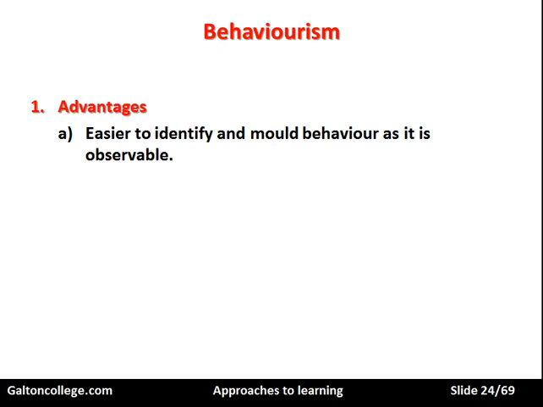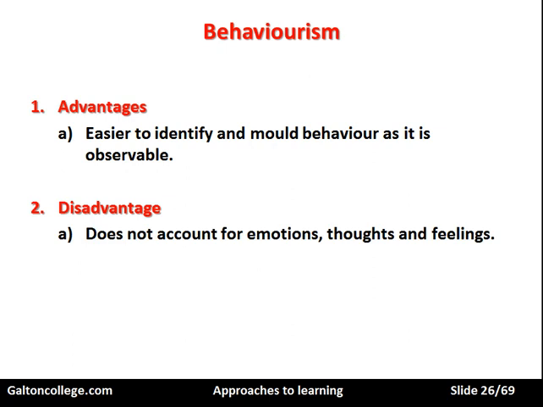So that's an advantage. The disadvantage, well, this idea does not take into account the emotions and the thoughts and the feelings of the person. We're only looking at what we can see. And what we can see is the behavior of someone.